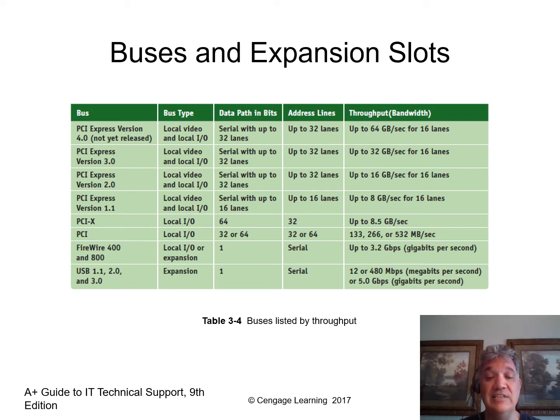You notice that it's up to 3.2 gigabits per second. Now compare that to some of the earlier PCI Express buses: up to 8 gigs per second for 16 lanes, and PCI 4 goes up to 64 gigs with 32 lanes. So that's quite a variation between those.